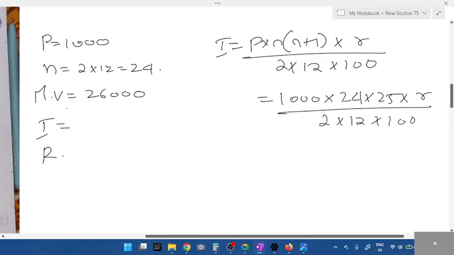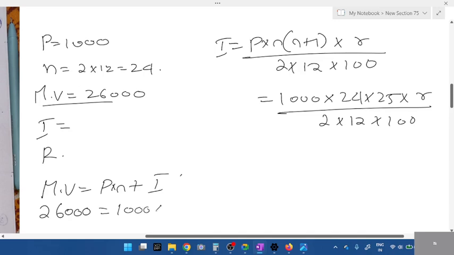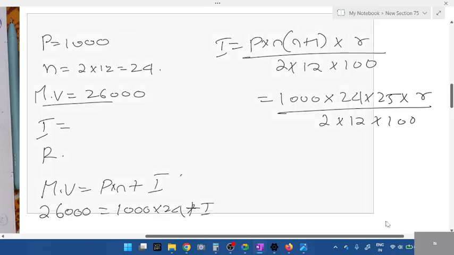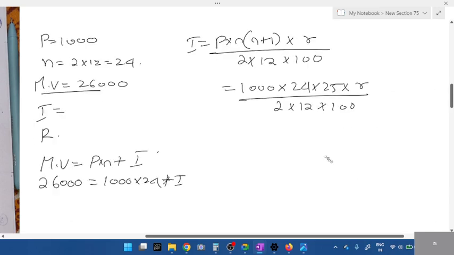But maturity value is given. Whenever maturity value is given, use the maturity value formula. MV is equal to P into N plus I. 26,000 is equal to principal 1000 into 24 plus I. From this we need to find the I value, students. You find the I value and substitute in the second formula.